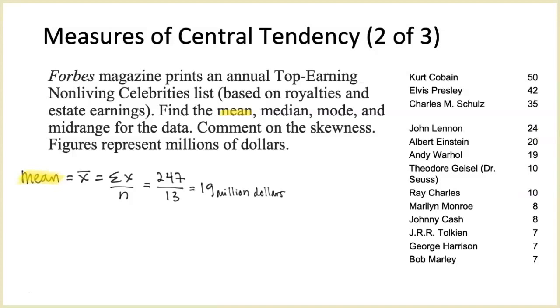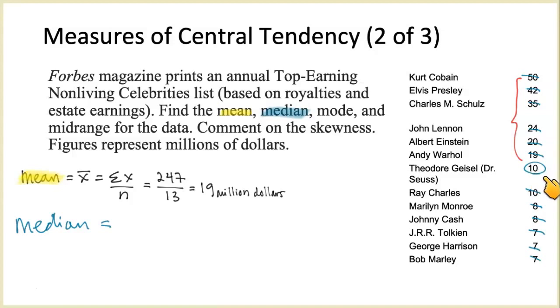Now for the median, to find the middle value, generally we want to locate the value in the middle. Depending on the data set, most people may use a technique where they start marking off values from each end until they get to the center. That's essentially what I'm illustrating here: if I mark one value off from each side until I get to the center value, that's going to be my middle.